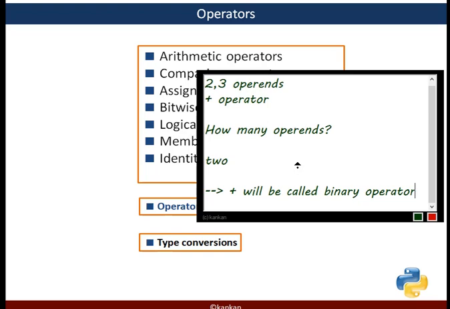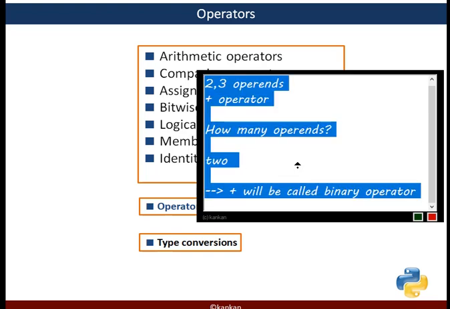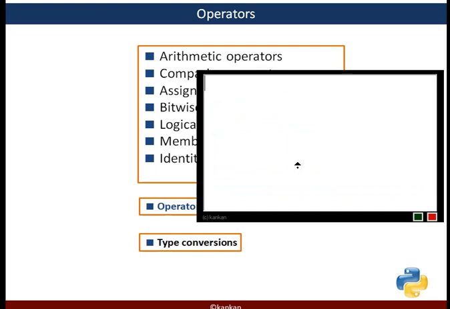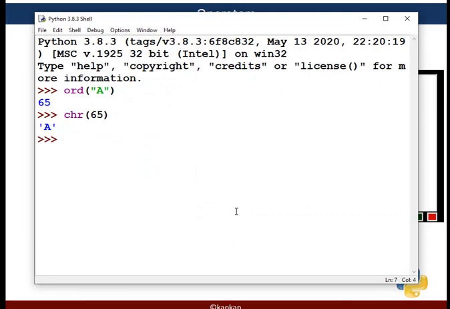Now we will start with the arithmetic operator. An arithmetic expression comprises operands and operators. Arithmetic operator means arithmetical calculation: 2 plus 3, 2 exponent 3.